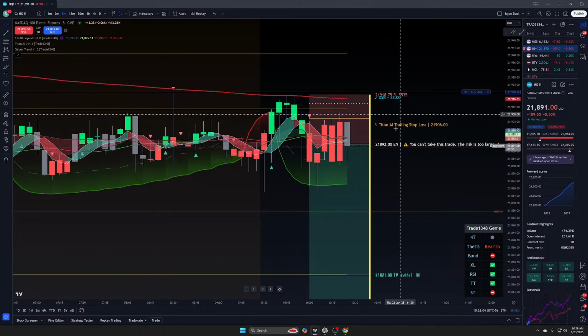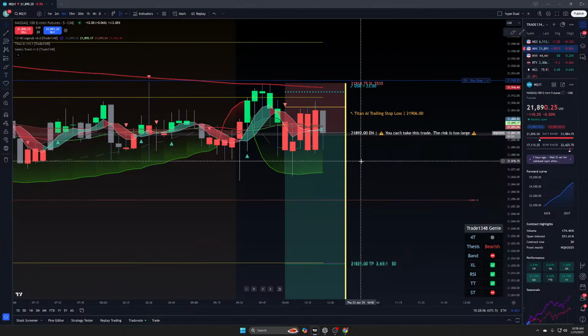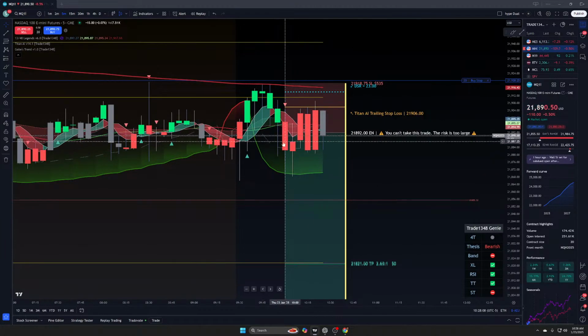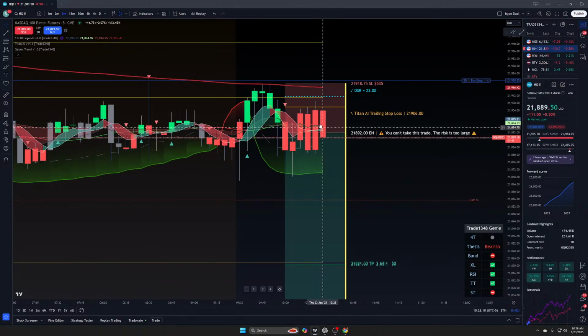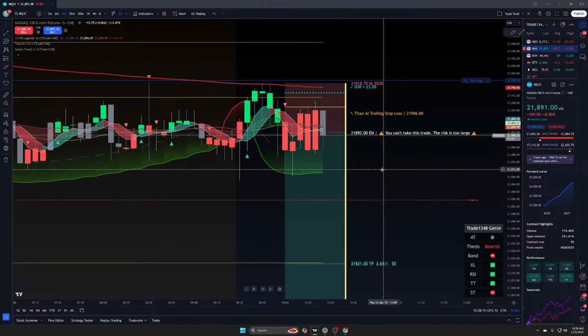And as much as it tells you to take a trade, it tells you not to take a trade, right? And you can see all of this gets summarized by a gray candle. If you see some gray candles flashing here, there you go. There's nothing to do.